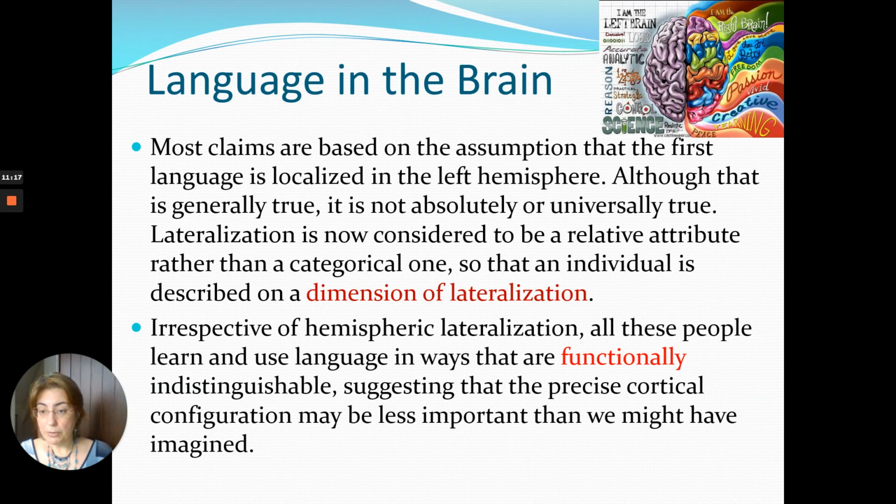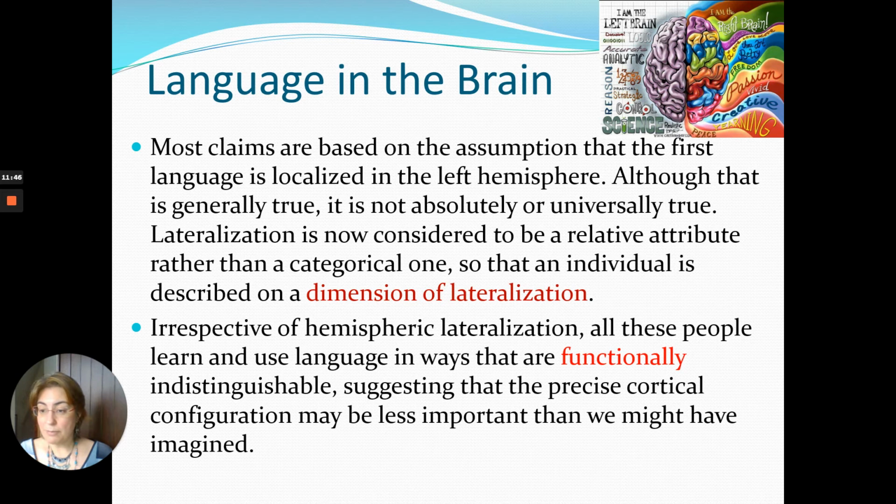We also know that people who are blind, for example, they might use centers that in people who can see are used for seeing, and the blind people might reuse those parts of the brain to develop other abilities, even linguistic or a heightened sense of smell or even of hearing, right?